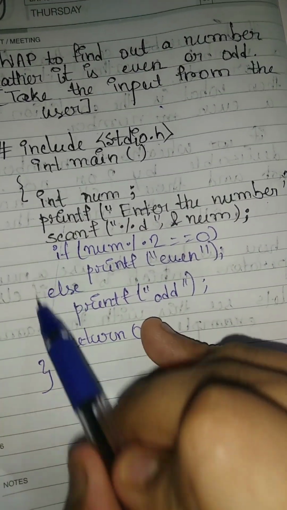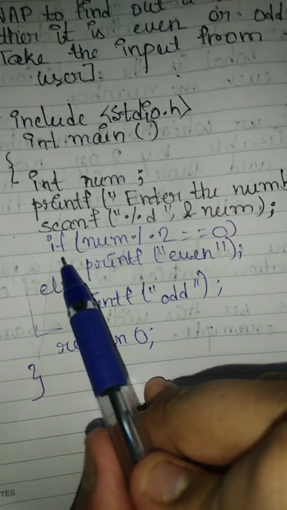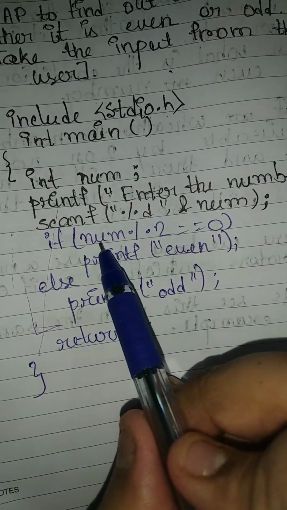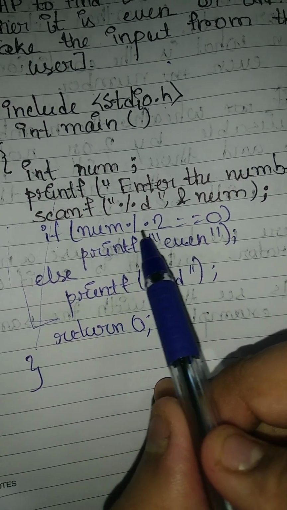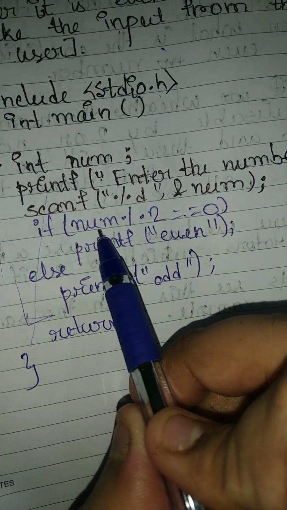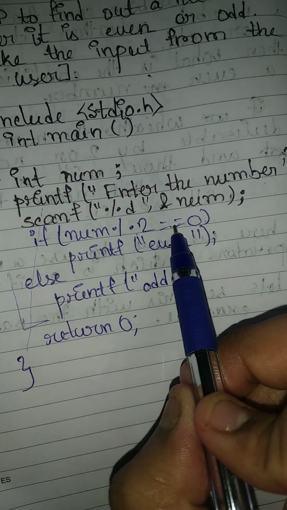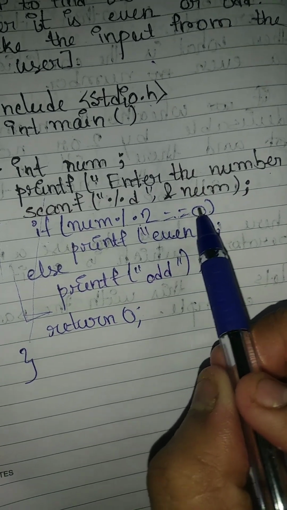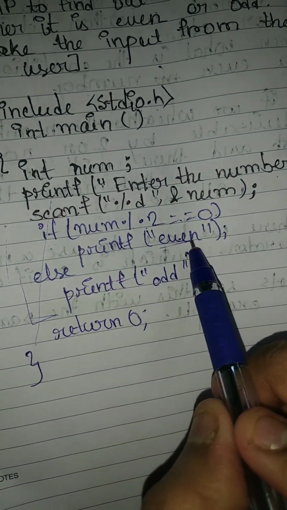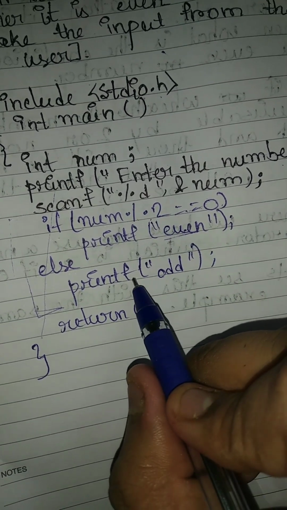Here I have started if else. Within if I have written if num modulus 2 double equals to 0. That means if we divide the specific number by 2 and if we get no remainder, that means the remainder is 0, then the number is even, and if we get a remainder, then the number is odd.